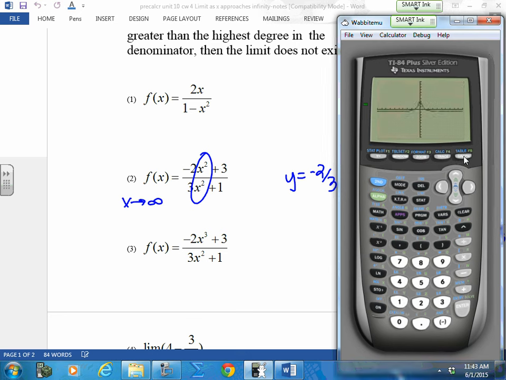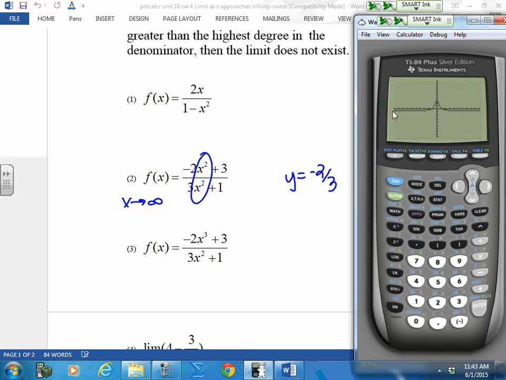See it? It's riding right along this y equals negative 2/3. It's guiding my end behavior. My y is going to approach that, but never touch it. So therefore, the limit as x approaches infinity, or as x approaches negative infinity, is equal to negative 2/3. It's equal to its y value. It will never touch that, but it will get real close to it. It will approach it.